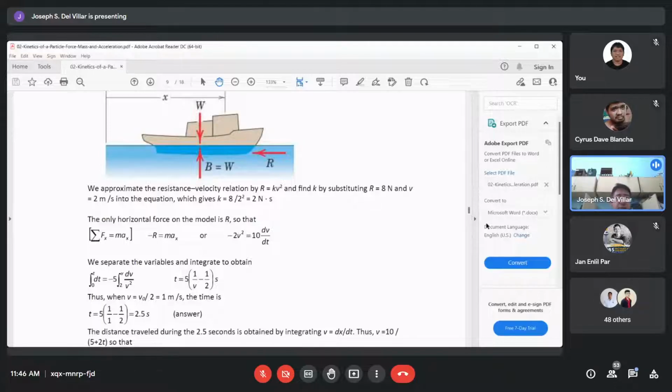Multiplying both sides by dt and dividing both sides by V squared, you end up with the definite integral of dt from 0 to t equal to negative 5 times the definite integral of dV over V squared after separating the variables.